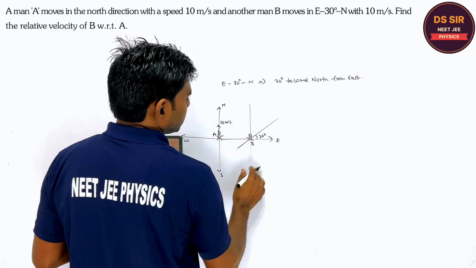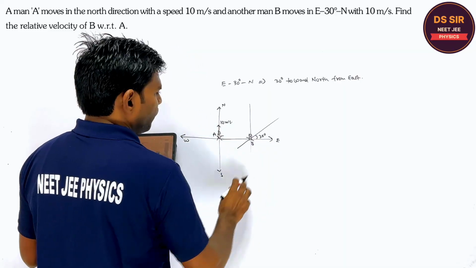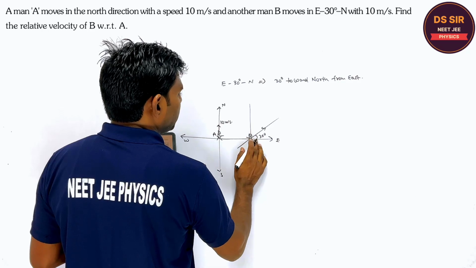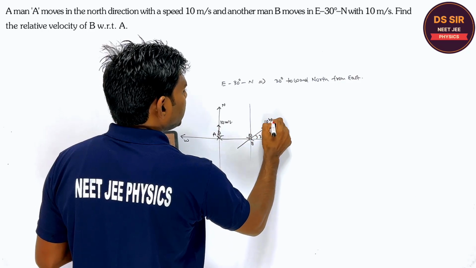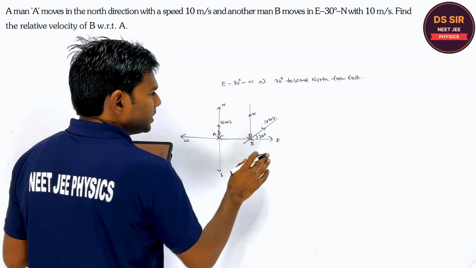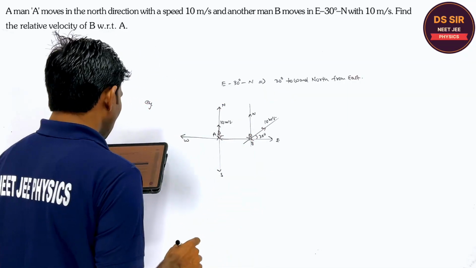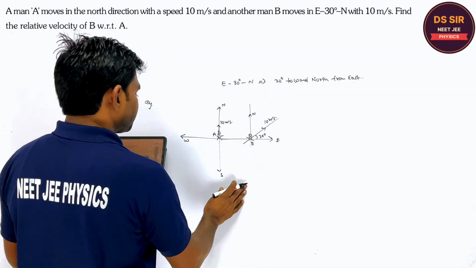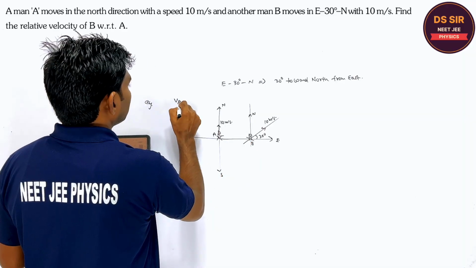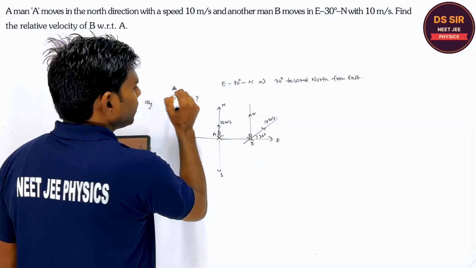From east, 30 degree from east towards north. So this is the man B, and it is moving with 10 meter per second. This is the east and this is the north of this person. Is it clear or not? So what we have to find is the relative velocity of B with respect to A. Is it clear or not?